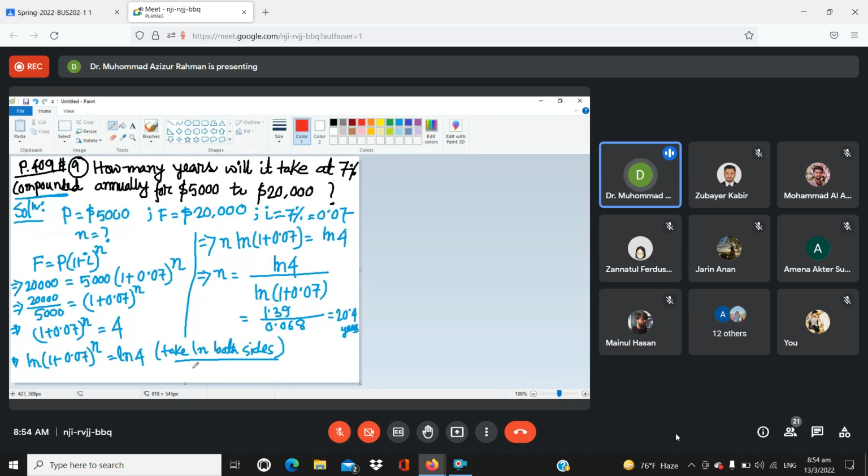So the value of n equals 20.4 years. This is the answer.